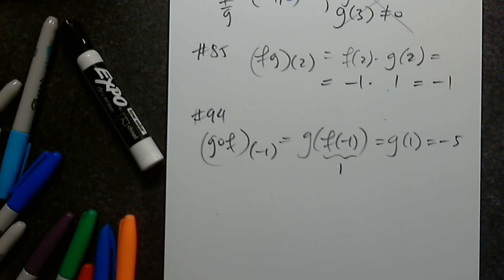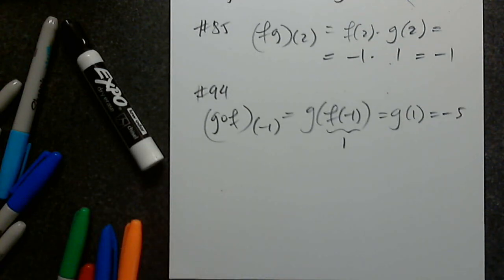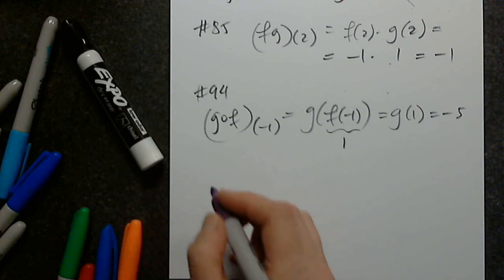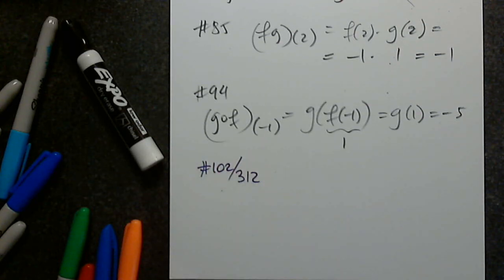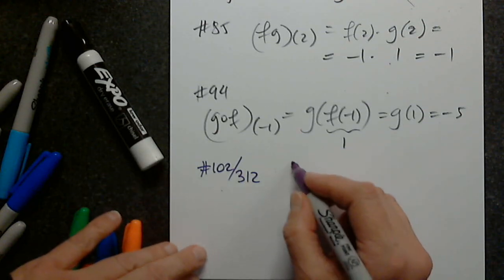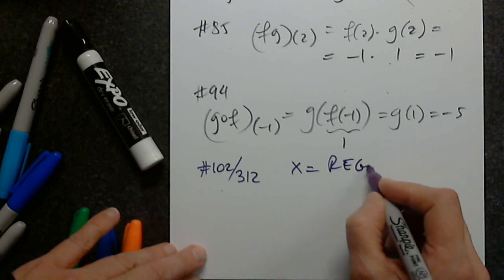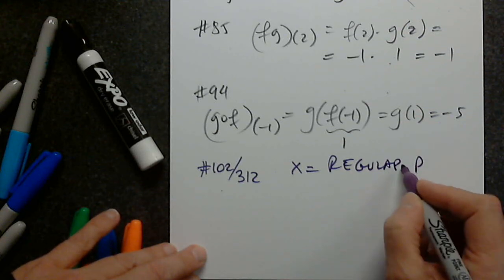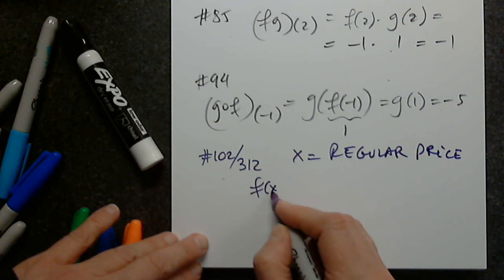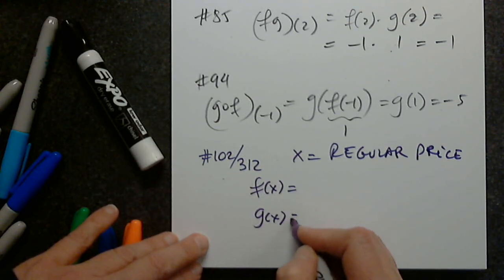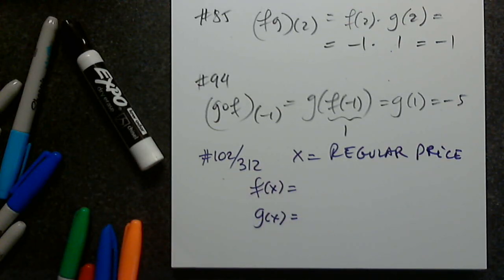Okay, now I would like to look at a word problem to see an application of this. It's quite neat. Okay, the 102 on page 312. The regular price of a pair of jeans is X dollars. And we're given two functions, f of x and g of x.